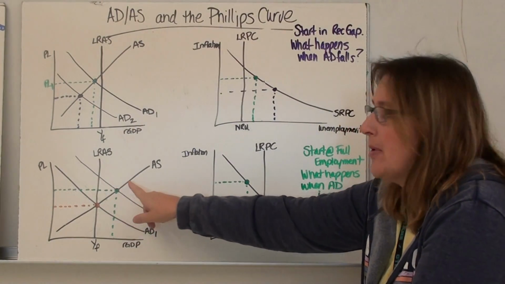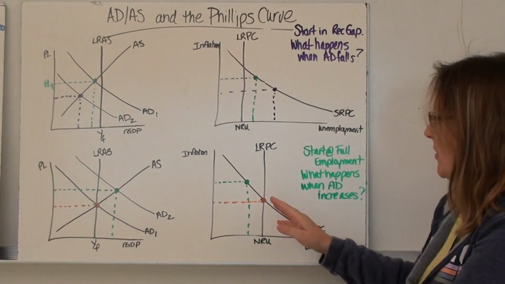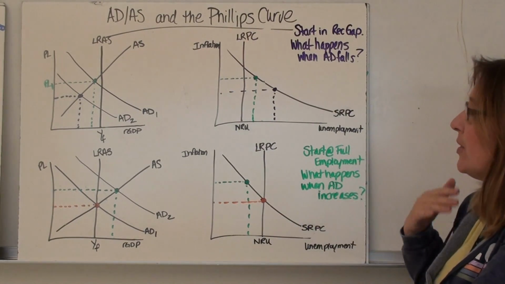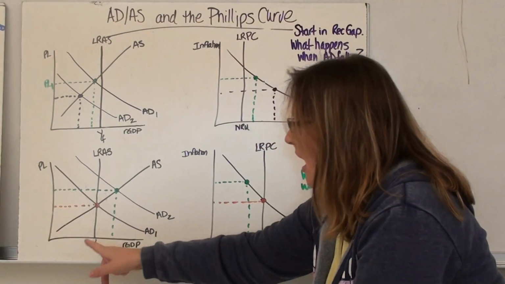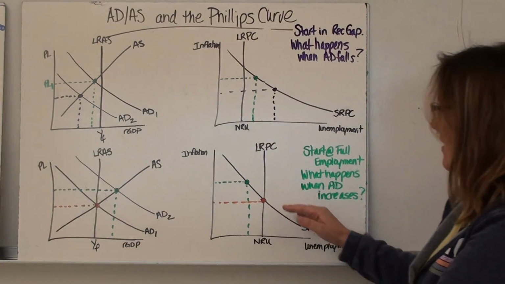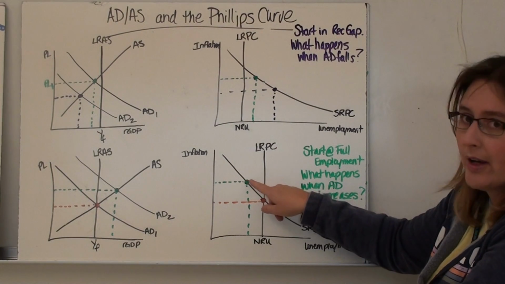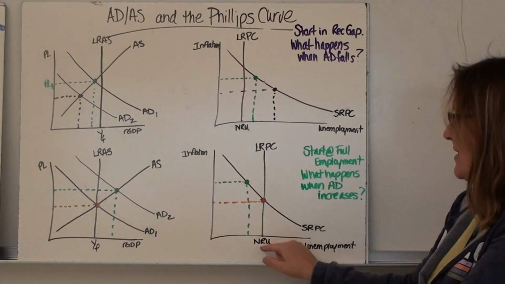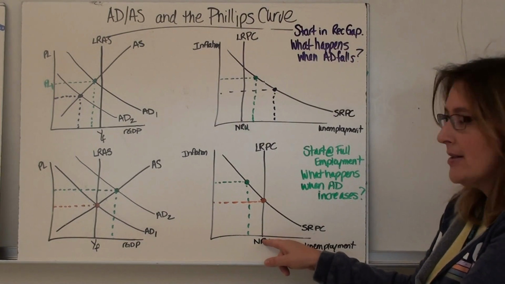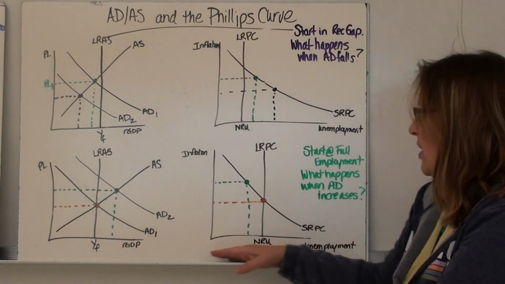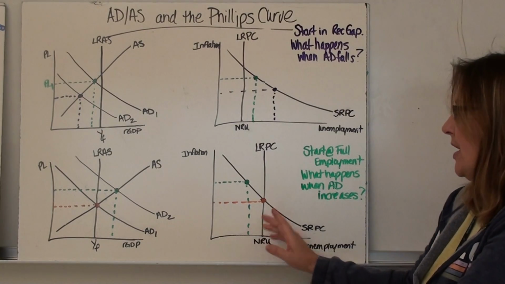This one goes up to the right, this one goes up to the left. And how do we make sure? Well, we know that the price level went up, and we know that output went up. So on this one, we show the price level going up, with inflation going up, and then instead of output, we've got unemployment. Here's where we were with unemployment, and because output has gone up, we know unemployment is going to go down.